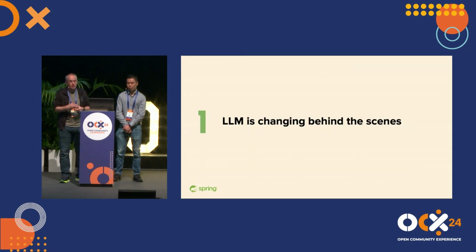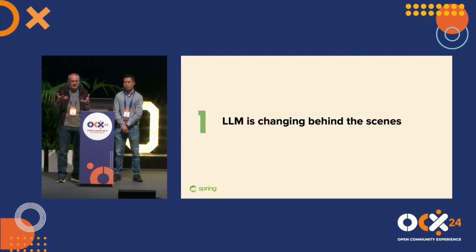And one of the challenges that we observed is that the large language model is changing all the time behind the scenes, right? So you can carefully craft the prompt now and try it 100 times and it all looks great. Next week, the large language model changed, and it will produce a different result. It does not look so good anymore, and your prompt seems to be slightly off.